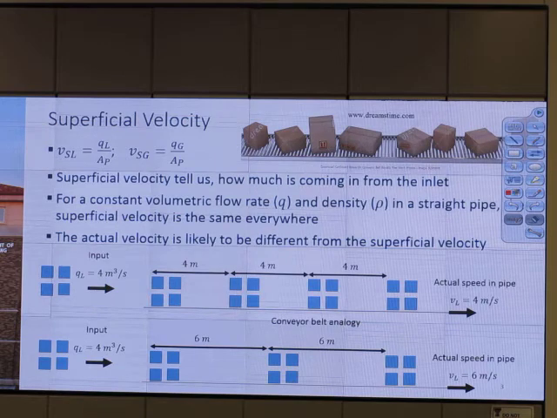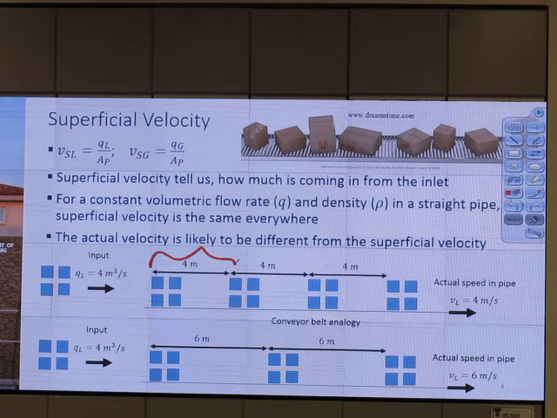You agree? Raymond, you agree? Sweta, do you agree with this picture? Pay attention, please. So if the belt moves at the speed of 4 meters per second, and we put 4 balls per second, the balls will stay apart at a distance of 4 meters.